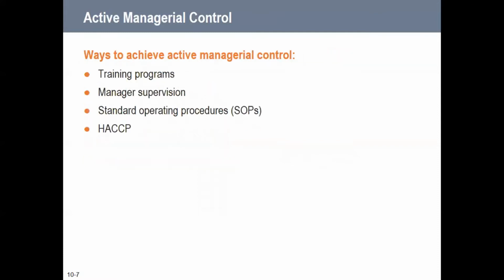So what we're looking to do is figure out ways to actually minimize those risks and make sure that as managers we are controlling these factors for foodborne illness, and not just sitting in the office playing solitaire or whatever, but that we're out there and we're observing and we're training and we're correcting mistakes and we're reinforcing and we're doing all these different things.